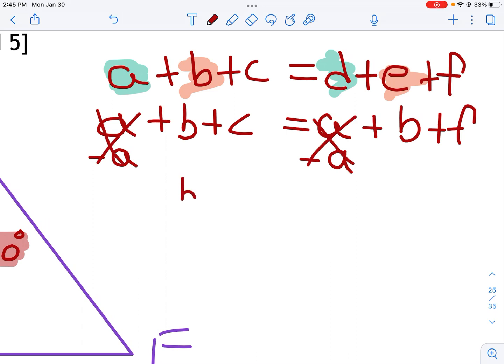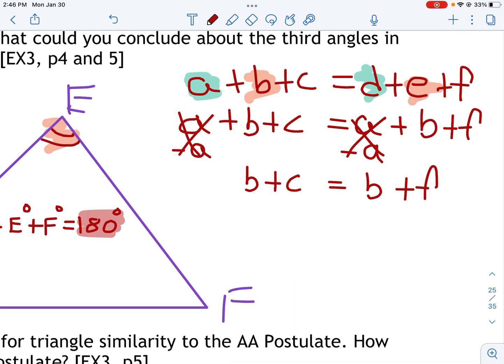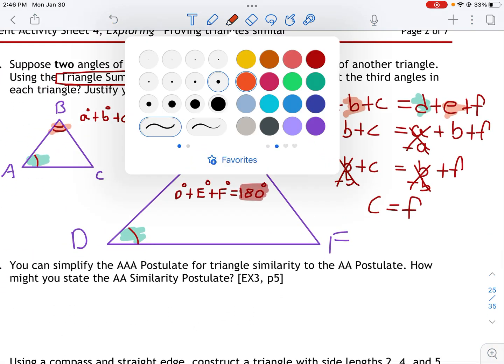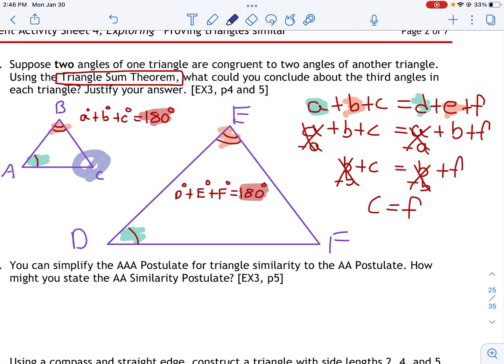If I subtract A from this side, I subtract A from that side, my A's cancel out, leaving me with B plus C is equal to B plus F. Now from here, I could subtract B from both sides, and my B's would cancel out. So now I'm left with C is equal to F. Oh my gosh, C and F. I'm going to highlight in blue. Angle C, which is my third angle, is the same as angle F, which is my third angle.